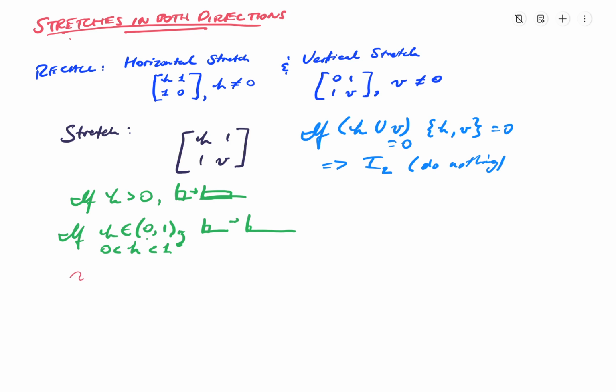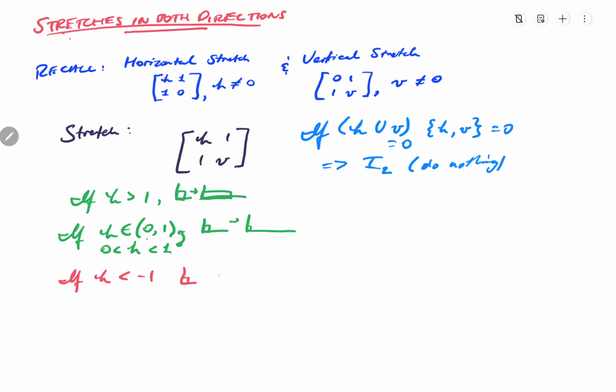Actually, this is supposed to say if h is greater than 1, because that's wrong since we defined what less than 1 is. So now if h is less than -1, so it's a bigger negative number, let's say we started with our positive square.